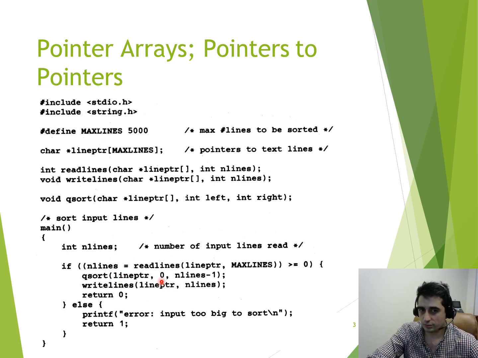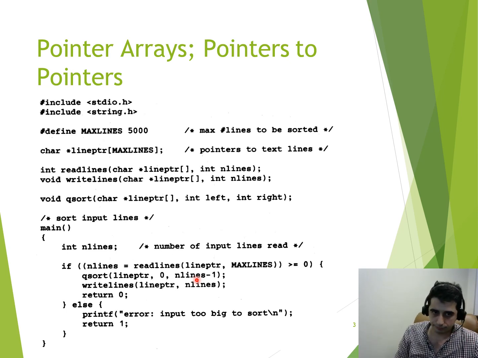We're going to start from index 0, the left is 0, and the right is the number of lines minus 1. That means I'm going to sort the whole array. And then after it's sorted, I'm going to write all the lines on the screen using writelines, and that's it.